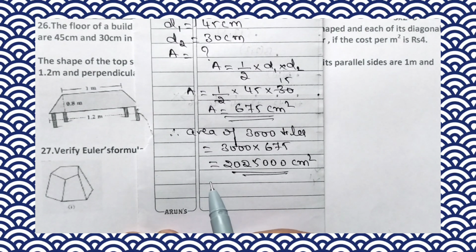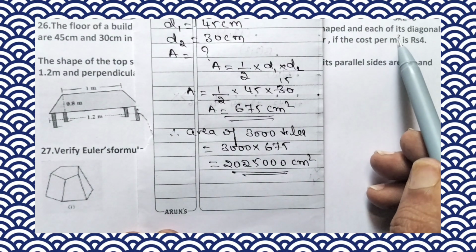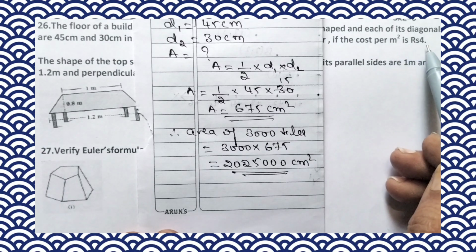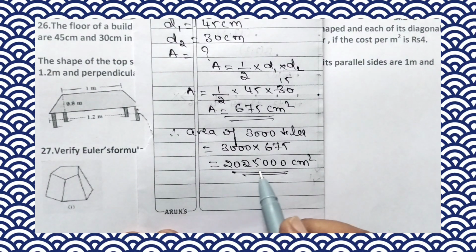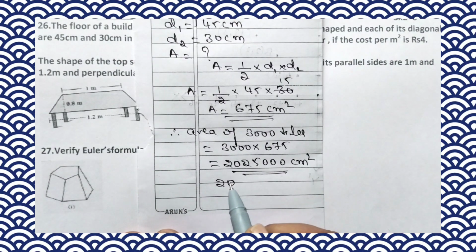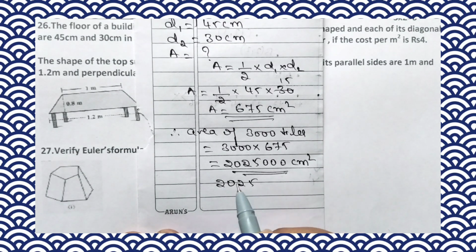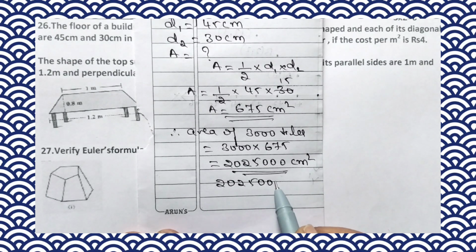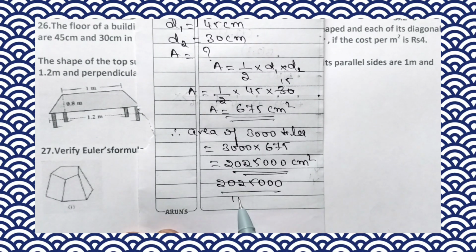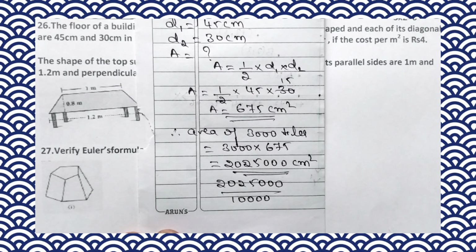Because in the question the cost is asked per meter square, rupees 4 per meter square, you convert this into meter square. To convert it into meter square, you have to divide 2025000 by 10,000, because 1 meter square is equal to 10,000 centimeter square.